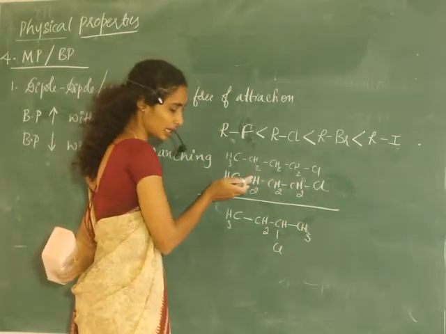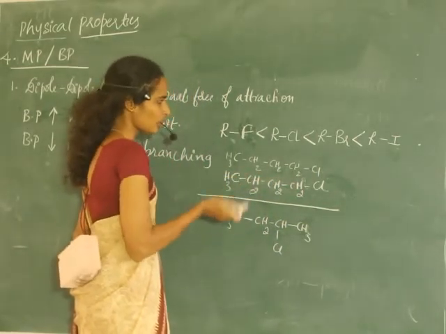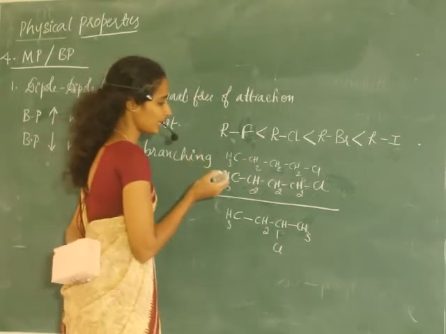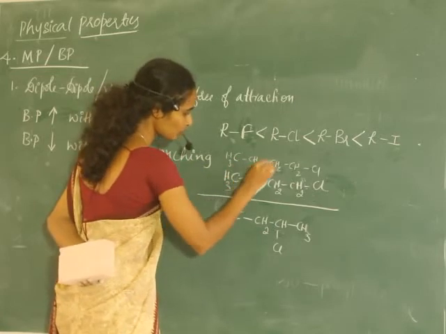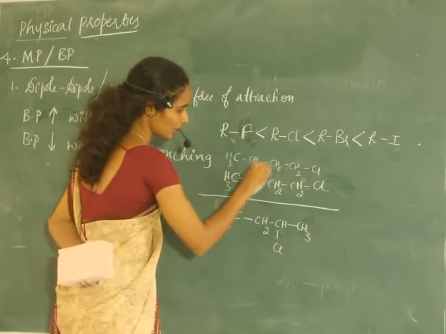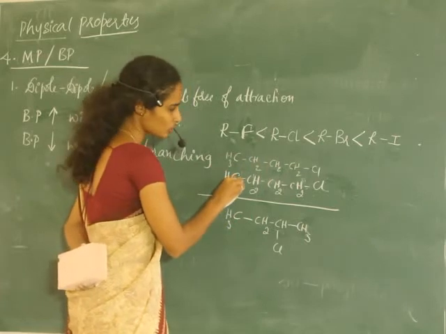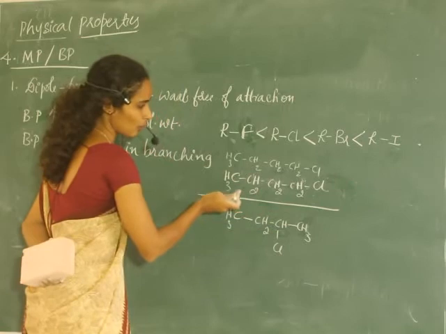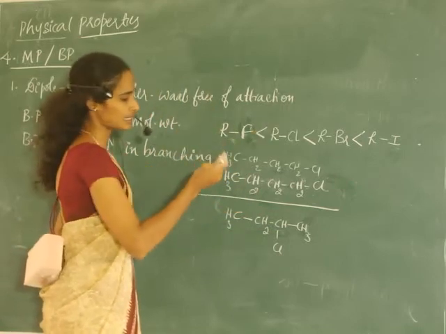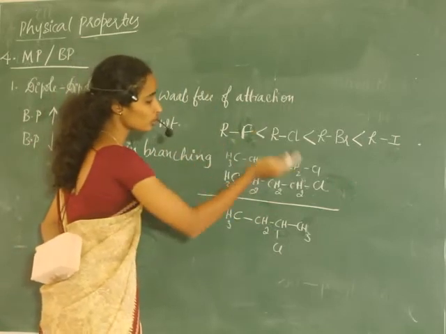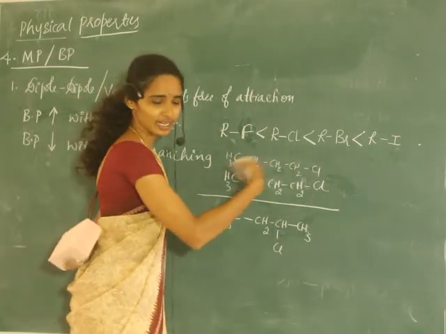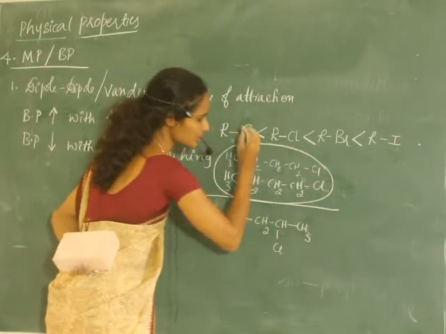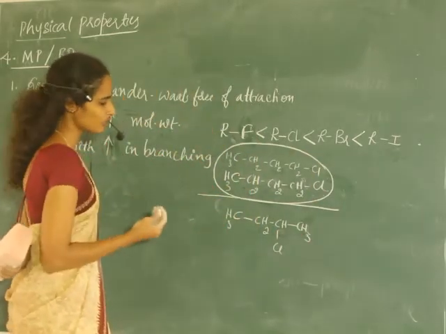And also van der Waals force of attraction, that is London force of attraction, will be there between these non-polar hydrocarbon chains. As surface area increases, van der Waals force of attraction also increases, since it gets more surface area to interact.